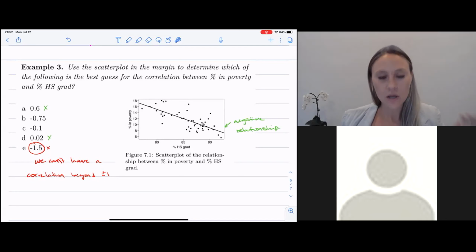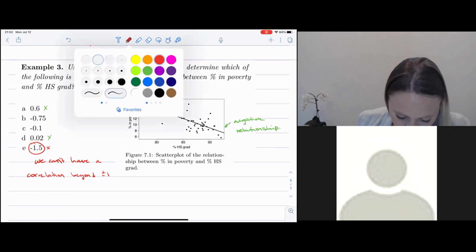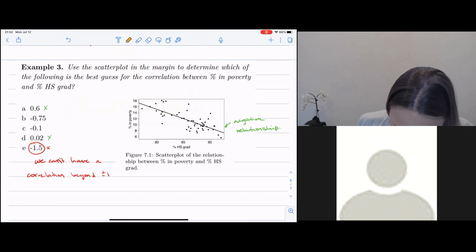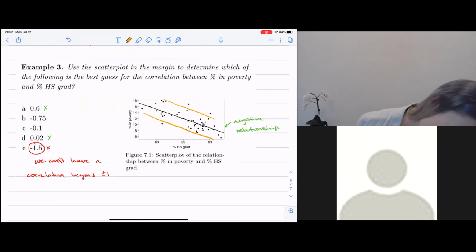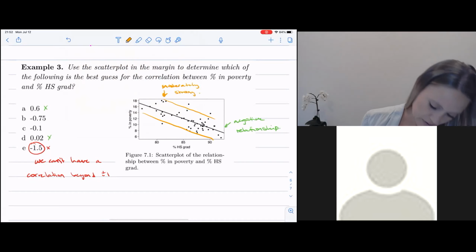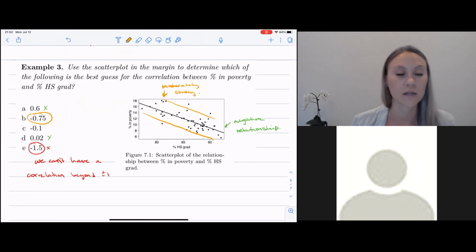But we can see an approximate pattern here, right? We can kind of corral most of them in between here. Moderately strong, right? And so for that reason, I'm going to pick this one.